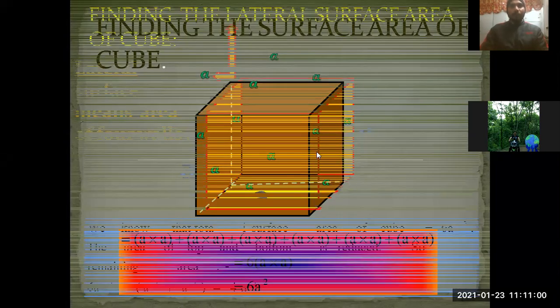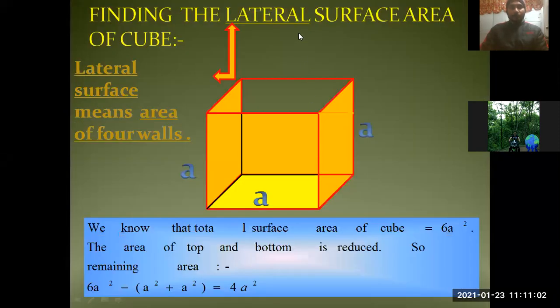So now the next is how to find the lateral surface area of a cube. There is a term, the lateral surface area. The lateral surface area means the area of the 4 walls.